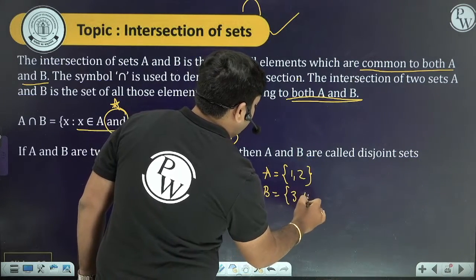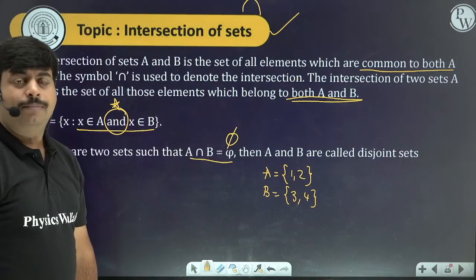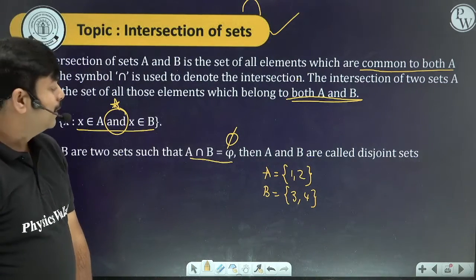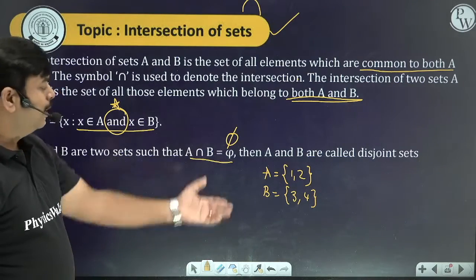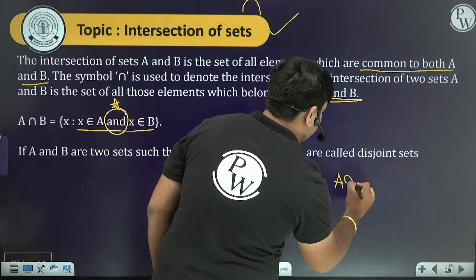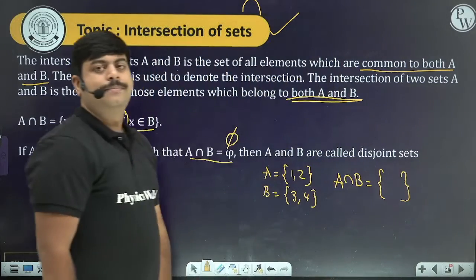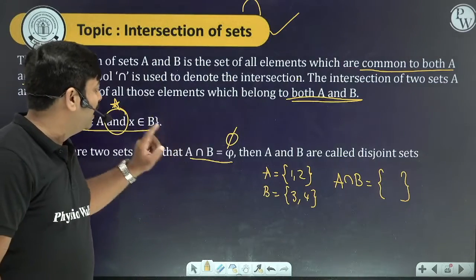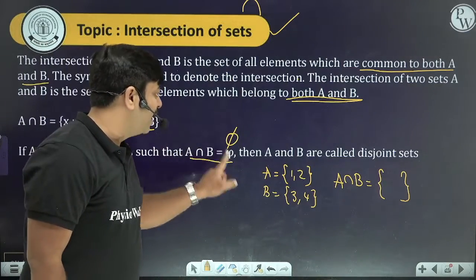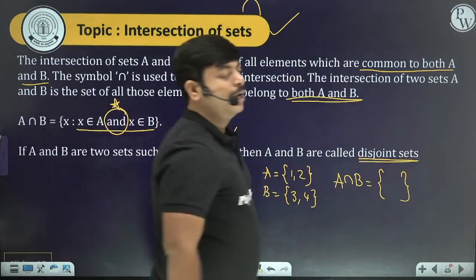Tell me, what are the elements common between A and B? No elements, right? So in this case, A intersection B will not have any elements. So when A intersection B is the empty set, we call those types of sets disjoint sets.